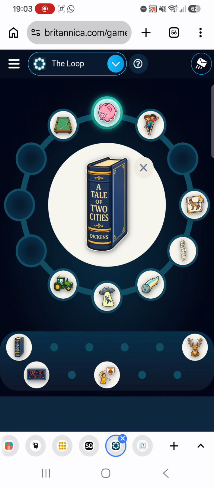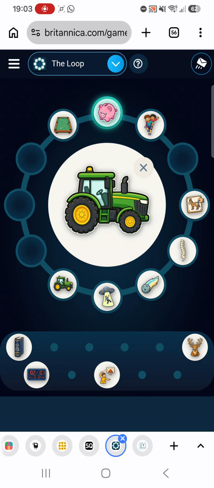It could be A Tale of Two Cities, but that's a bit tenuous. But then I don't know how A Tale of Two Cities links to anything. It was London and Paris, I believe. Oh, I was going to say tractor and tractor beam, but we've already done that. What on earth else can be linked to a tractor? I've got no idea.